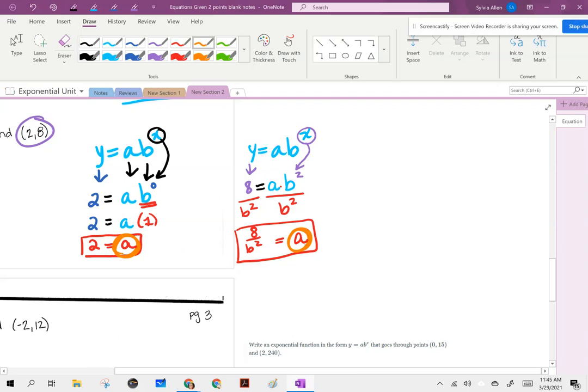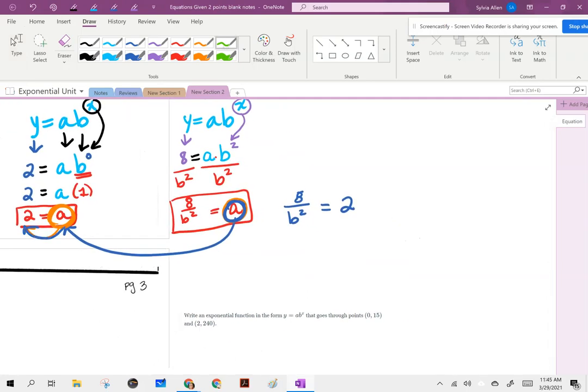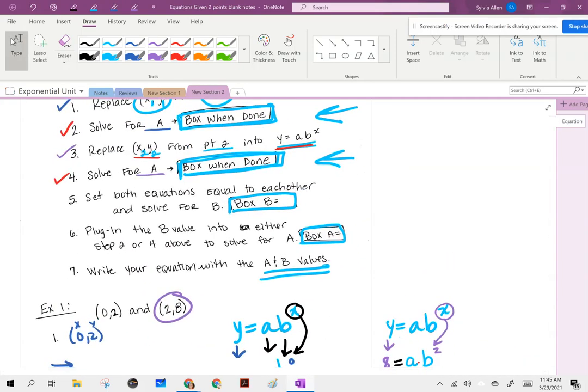The a is equal to 2. So I'm going to keep 8 over b squared equals, but instead of a, I'm going to replace a with 2.